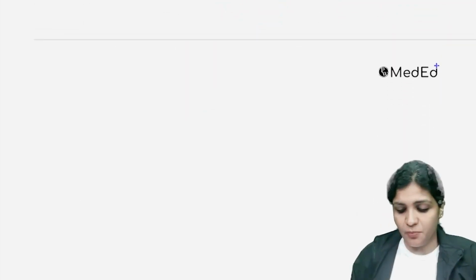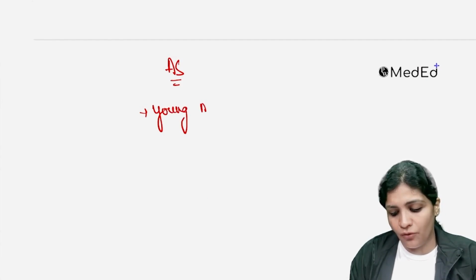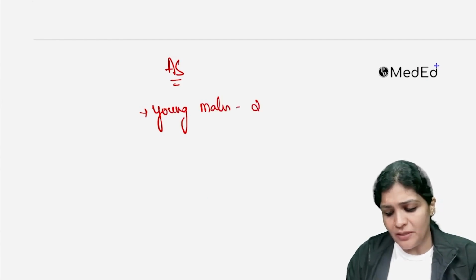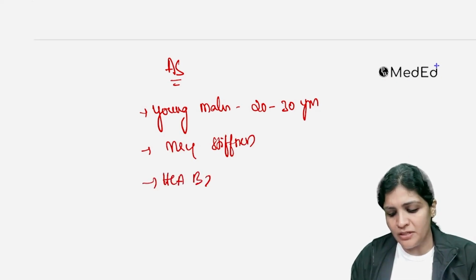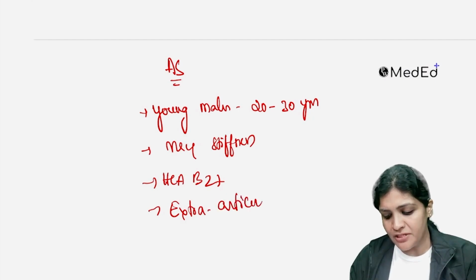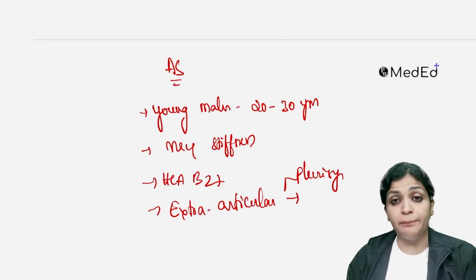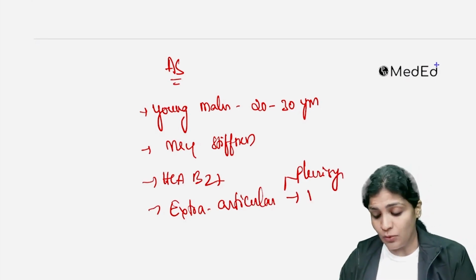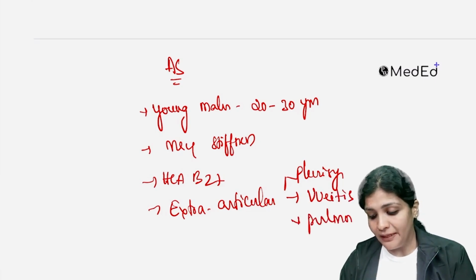So that is ankylosing spondylitis, which is usually seen in young males of age about 20 to 30 years, with morning stiffness, and they are associated with HLA B27. They also have extra-articular manifestations such as pleurisy, that is inflammation of the pleura, and uveitis, and some pulmonary complications.